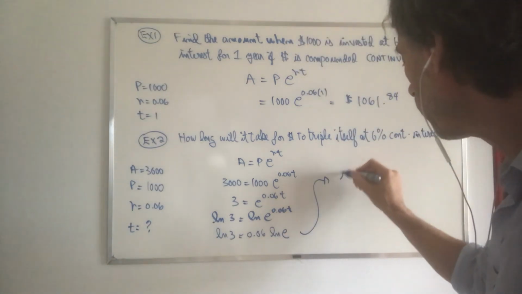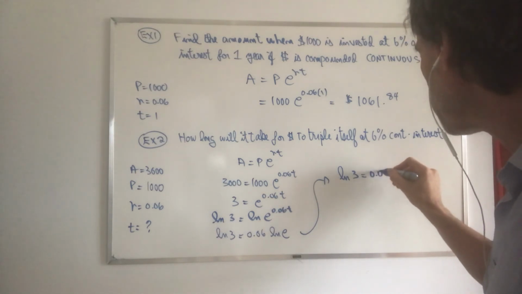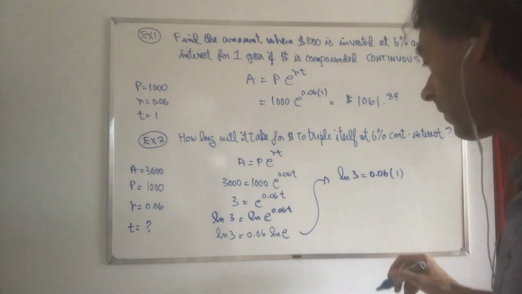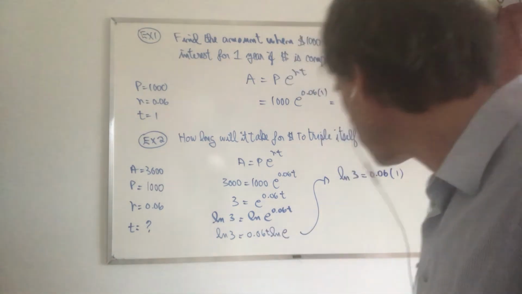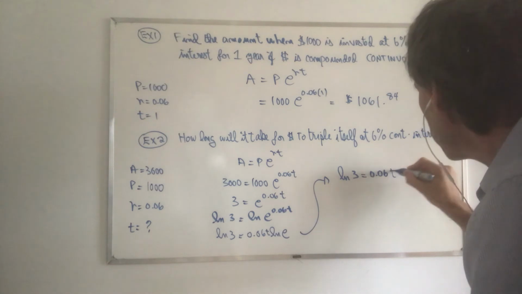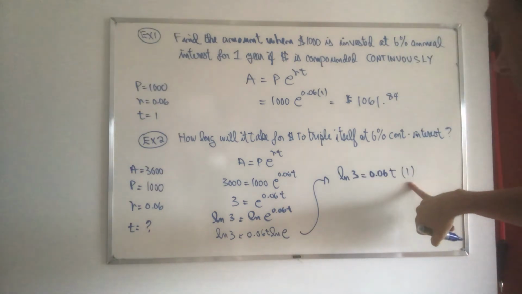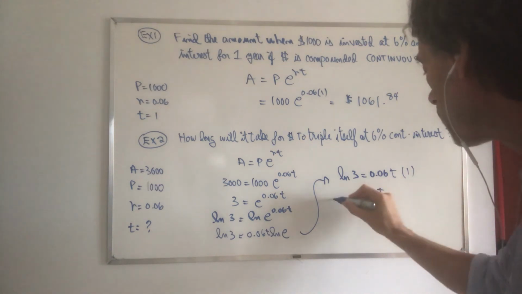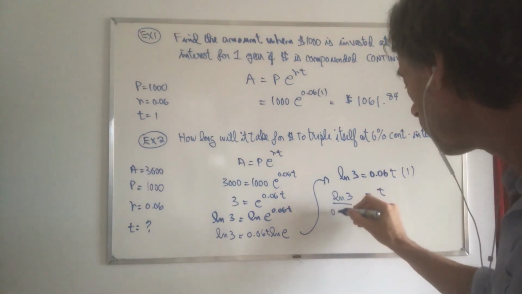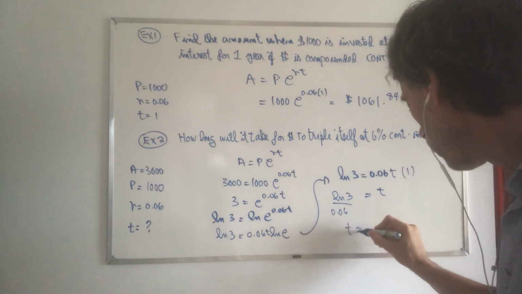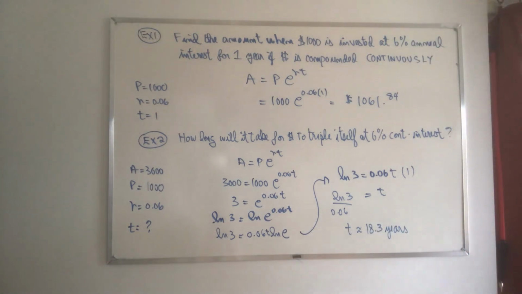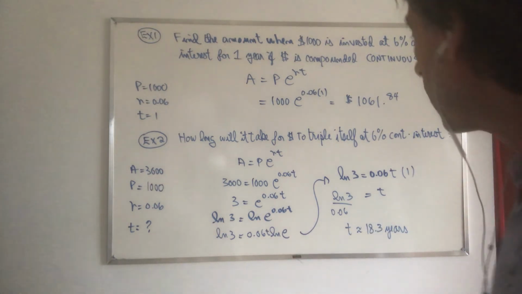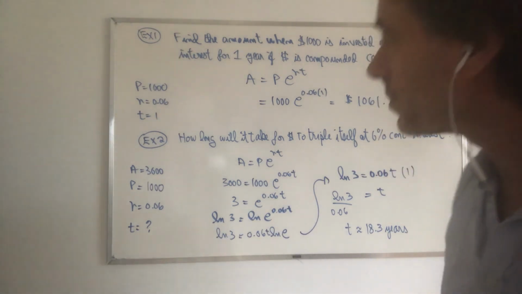So ln of 3 is 0.06 t times 1, which is my ln of e. So t is ln of 3 over 0.06. And if you calculate that, you're going to get about 18.3 years. This is how long it'll take for money to triple itself under the condition of 6% continuous interest.